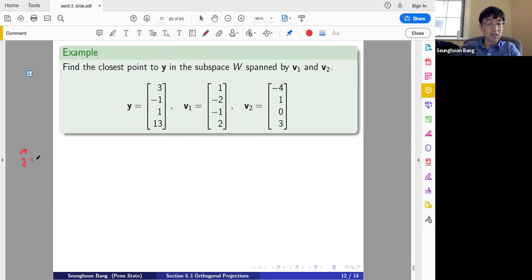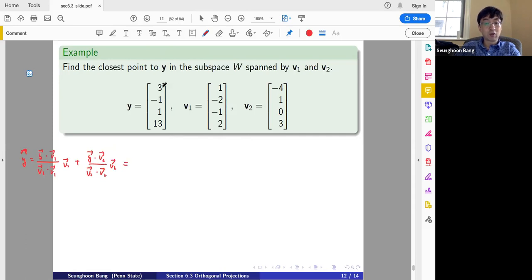So y hat is exactly the vector y dot vector v1 over vector v1 dot vector v1, times vector v1, plus vector y dot vector v2 over vector v2 dot vector v2, times v2.